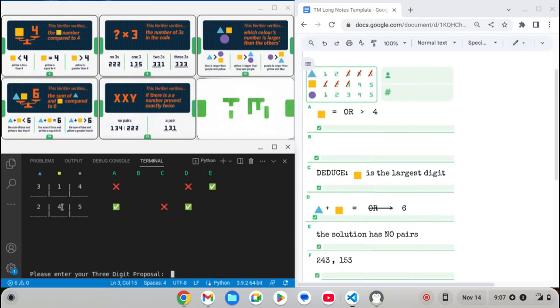Okay, yes, it is true that square has to be equal to 4. So let's go ahead and update our notes here. And it is a 4, so that means square cannot be a 5, and it forces triangle to be a 2.